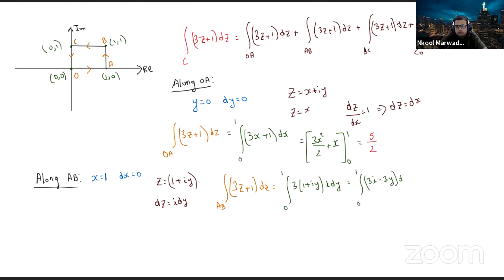It will become 3iy minus 3y square by 2, with the limit 0 to 1.